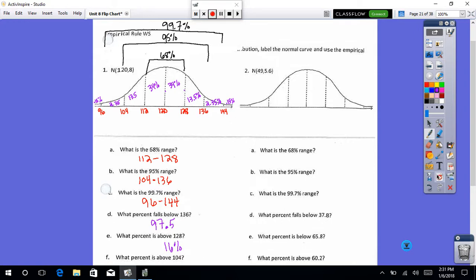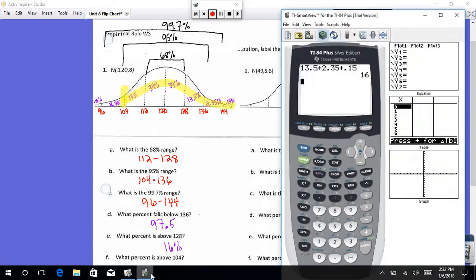What percent is above 104? Again, two different ways to do this one. For 104, you can add up everybody that's above that, or you can say the whole curve is 100 and I am leaving out that 2.35 and that 0.15, and you will get the same answer.